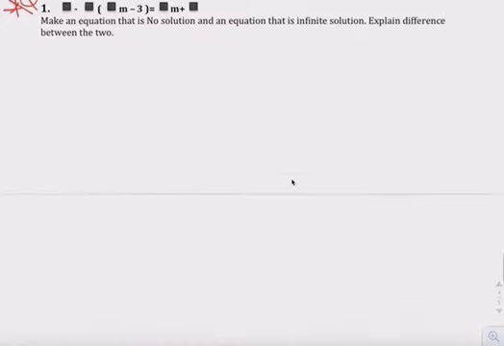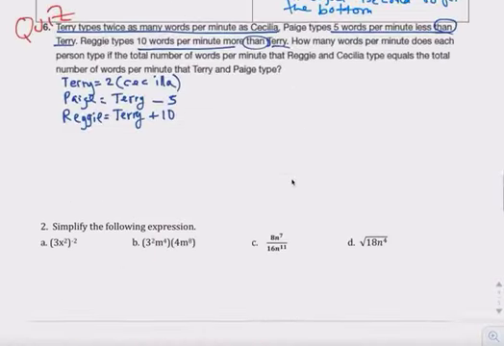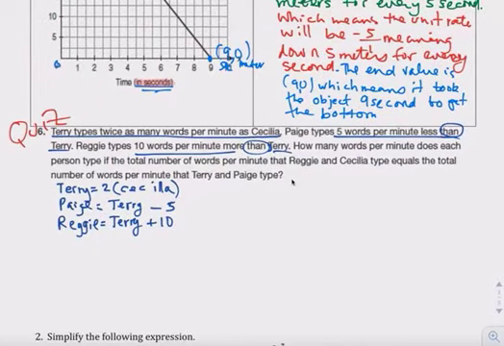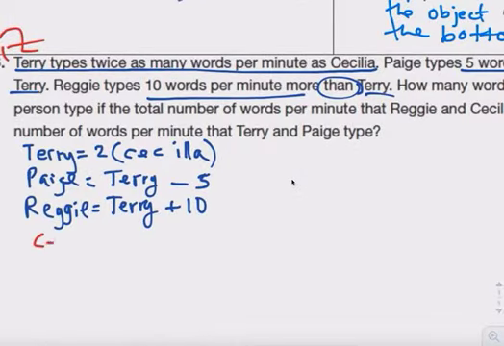I think so. Anyway, the only person we don't know is Cecilia, right? I don't know anything about Cecilia, so Cecilia gets the X.